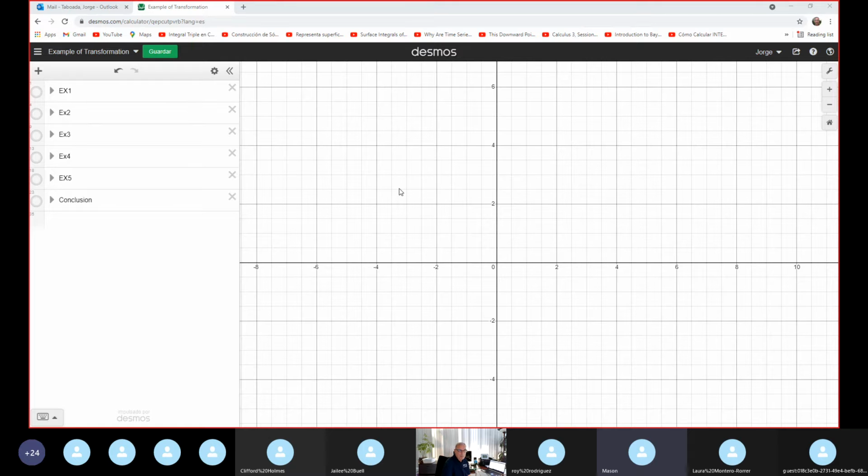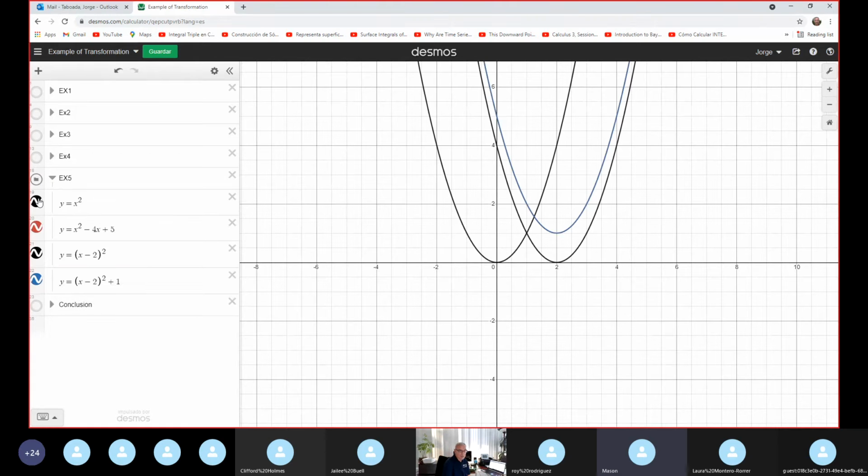Now, as example 5. Look at example 5. Example 5 starts with the basic parabola, which is this. This is my final answer. Let me change to black color. Okay, this is the original, the base, and this is the final answer.